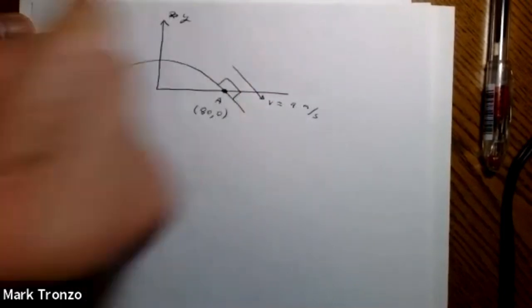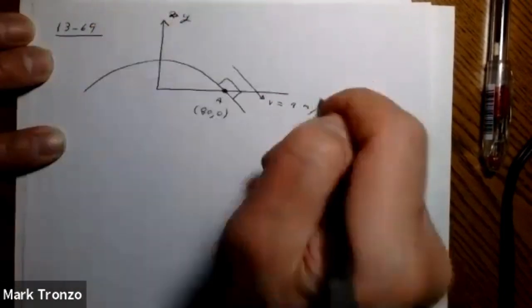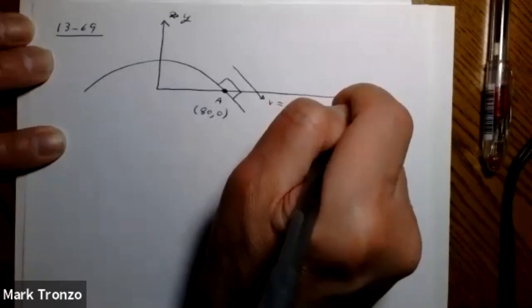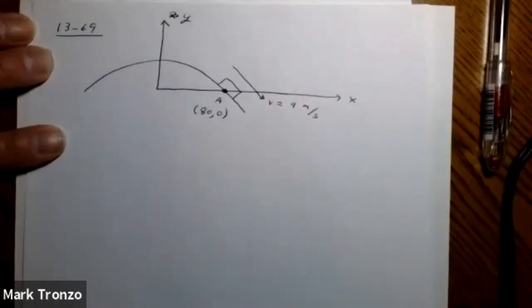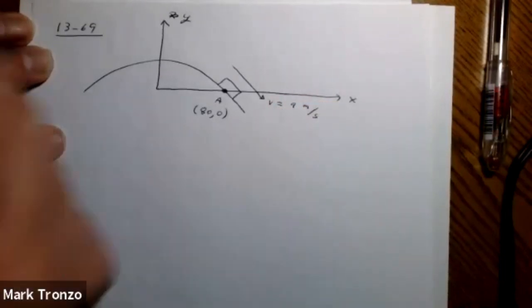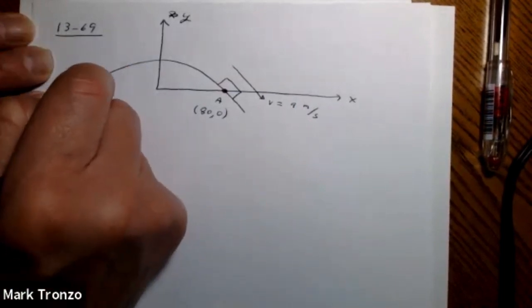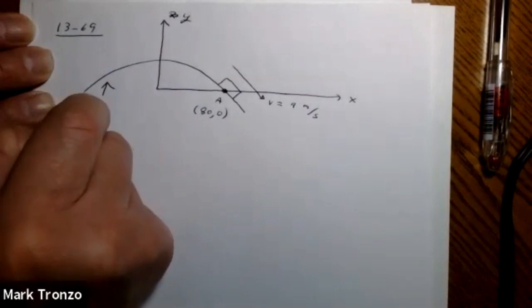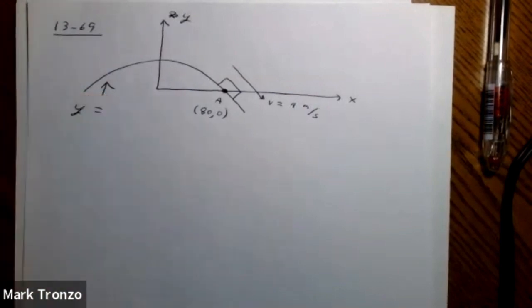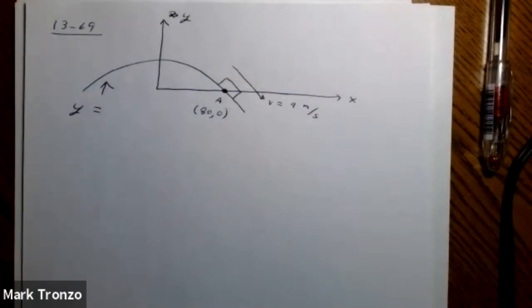It's going to be Y, X here. And we're also told this curve has the equation 20 minus x squared over 6400.